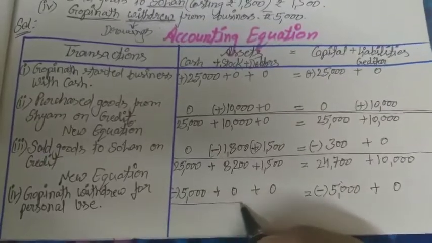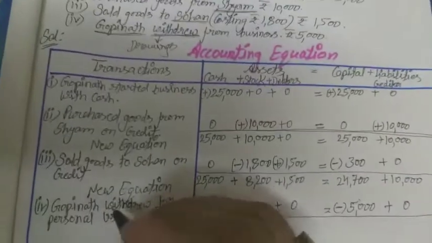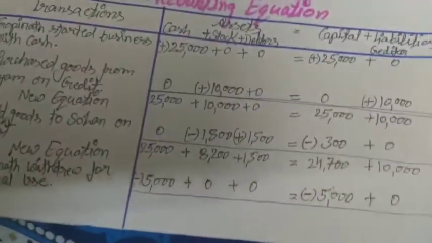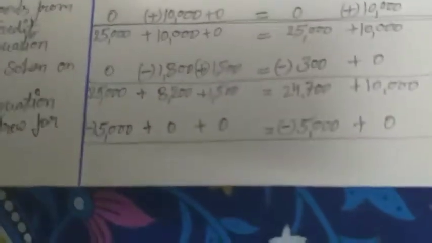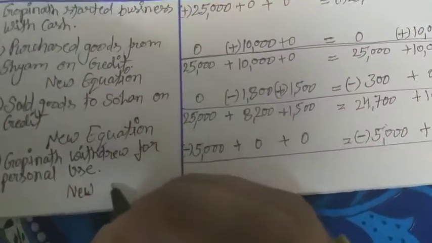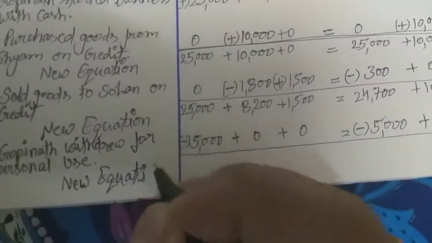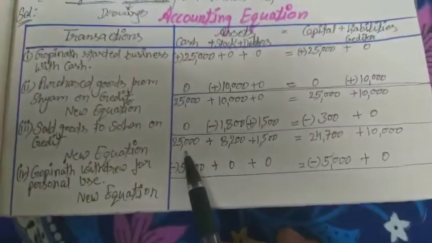Then again we will generate a new equation. Here is the new equation. 25,000 rupees cash was there.